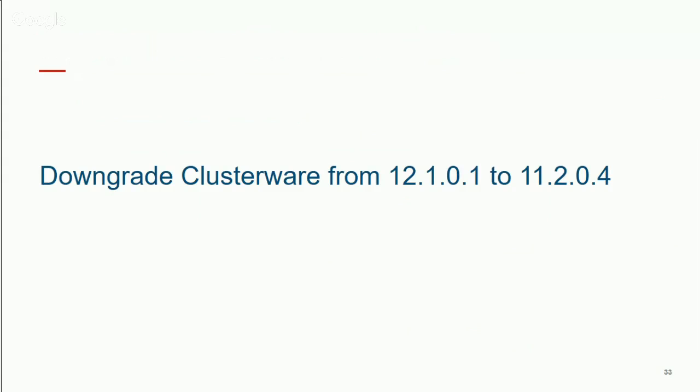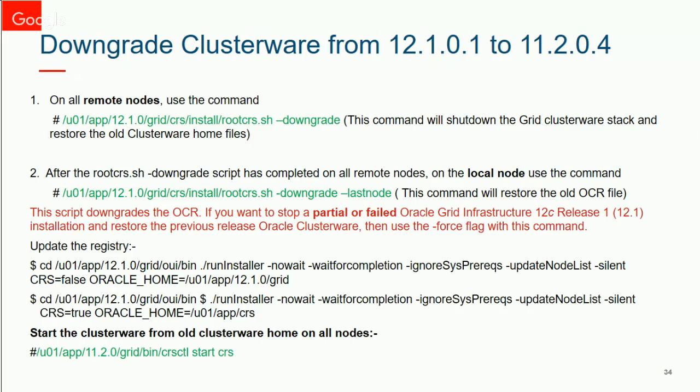Now our upgrade is done. Suppose for any reason you want to downgrade your cluster from 12c release 1 to 11g release 2, you have an option. You need to go to your grid home, then go to crs/install.